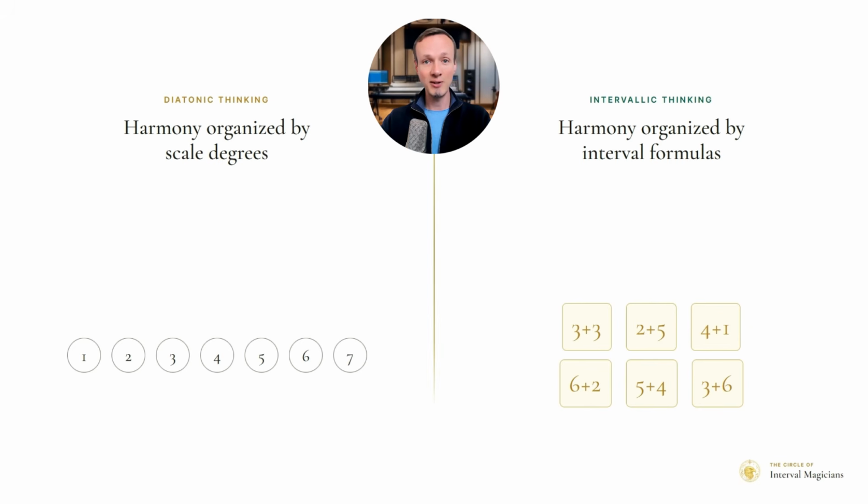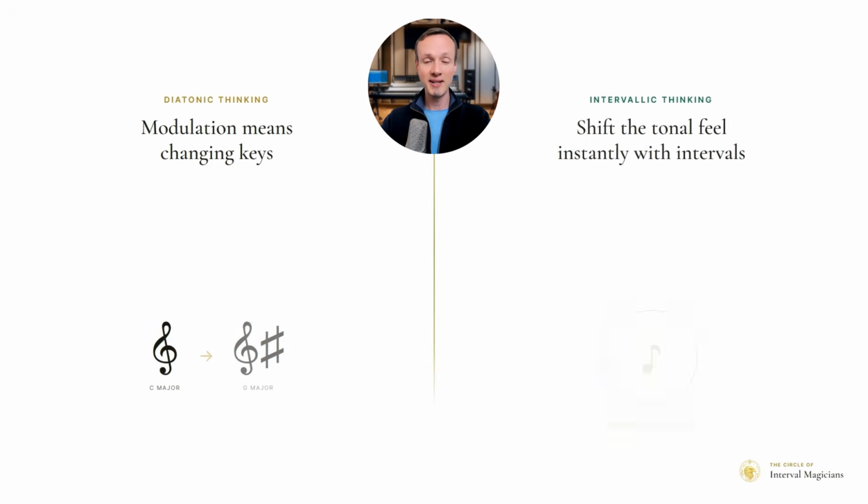And these can include valid chord structures, but that's not our starting point. Another big difference is that the diatonic system uses keys and you modulate if you want to change the key. On the intervallic side, we simply write without any key because all the tones are available, right? And we use accidentals where we need them.